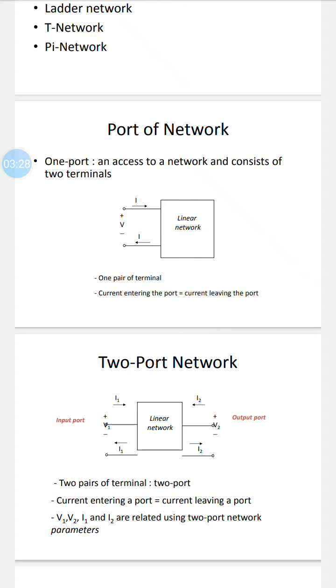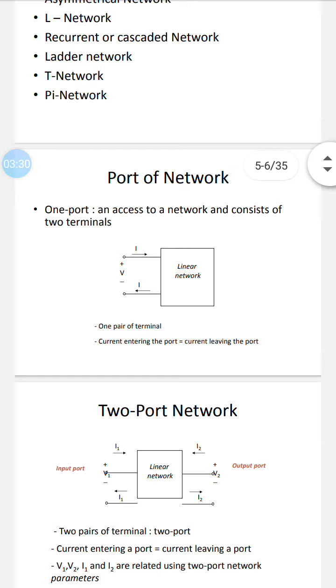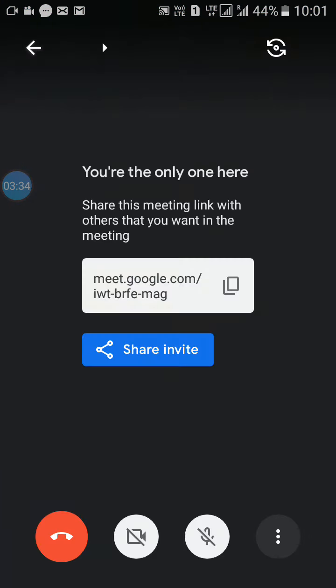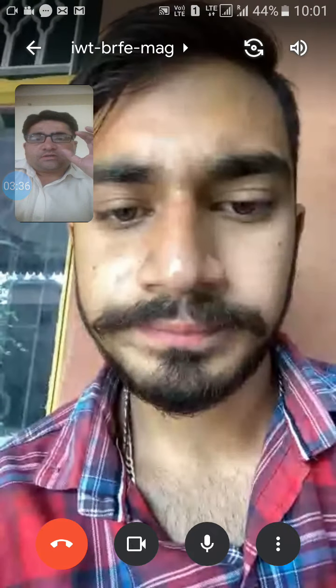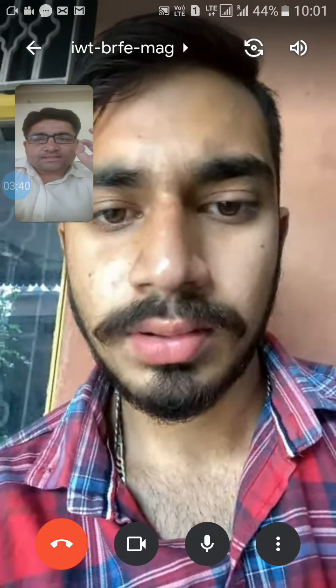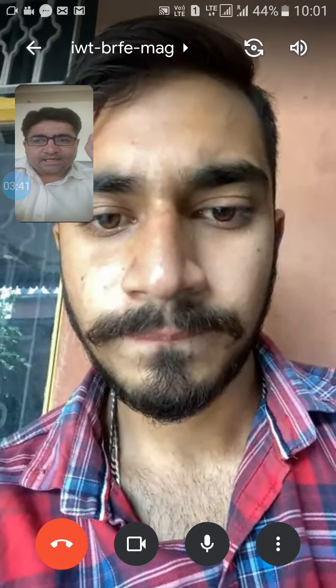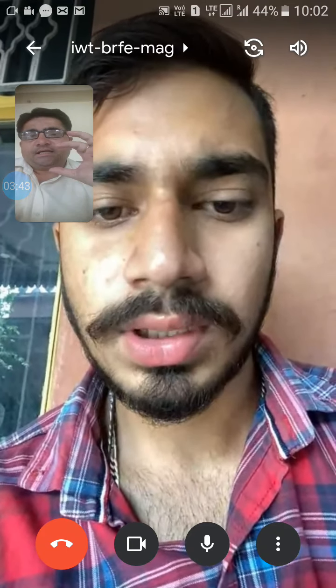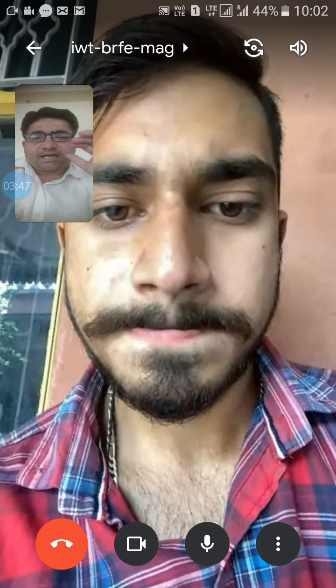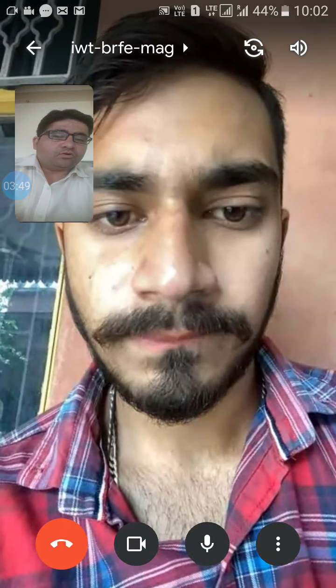In a single port network, we have a single input. In a two port network, we have two terminals, input and output, and we get the output at the output terminal.